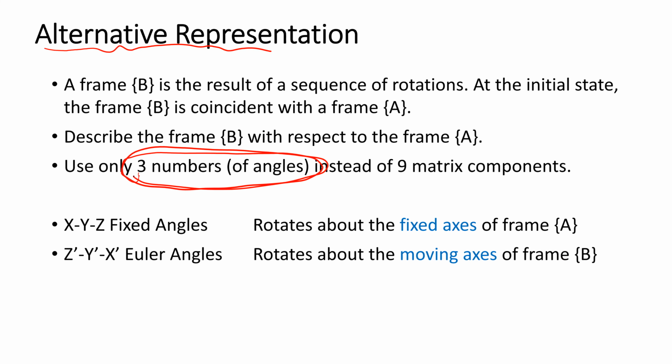Only 3 angles are enough to explain the 9 components of the 3 by 3 matrix. Only 3 numbers of angle are enough to compose the 9 components of the 3 by 3 matrix.